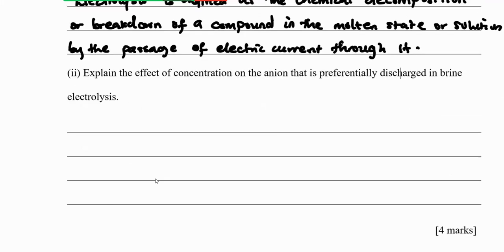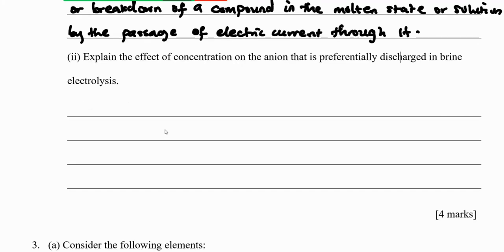Now the next question says explain the effect of concentration on the anion that is preferentially discharged in brine electrolysis. We know electrolysis of brine is concentrated sodium chloride solution.